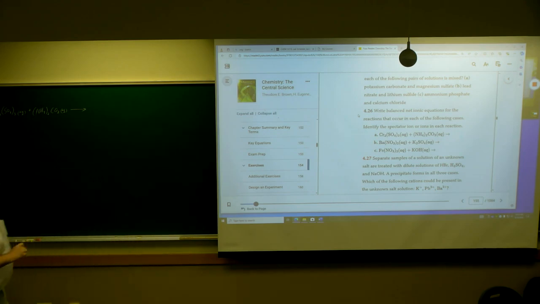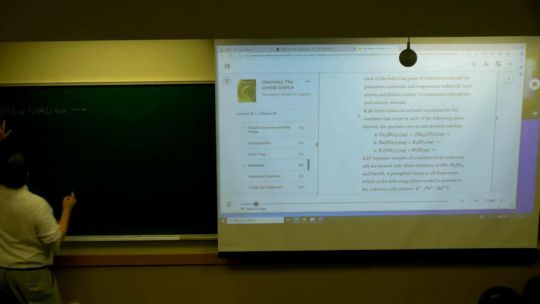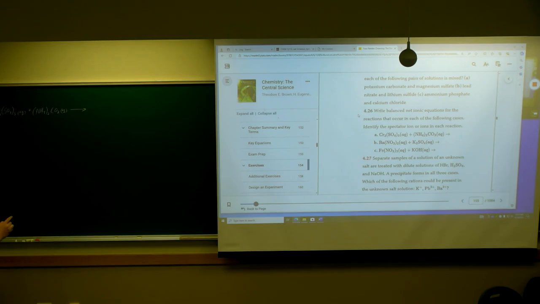So you start from there. This probably isn't balanced. In fact, it couldn't be balanced until you have the products. But you're going to take the positive ion with the negative ion. Charge on sulfate, I'll give you that chart again with all the polyatomic ions on it. SO4 is 2 negative.